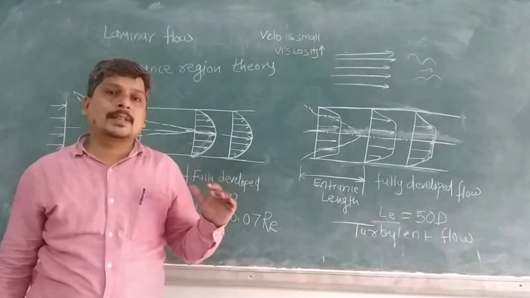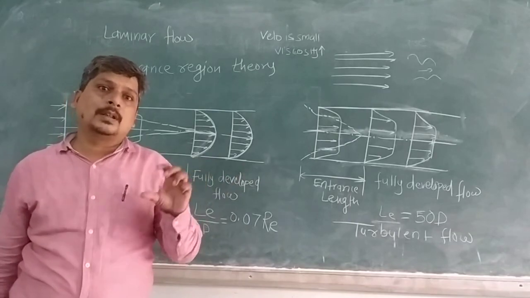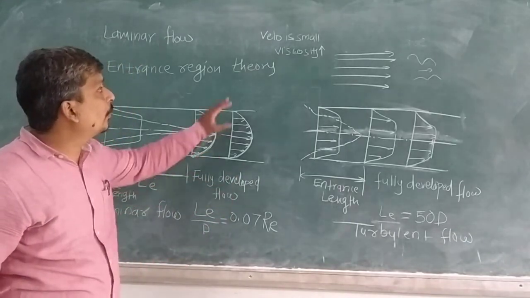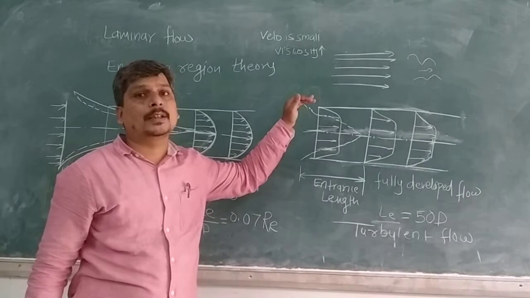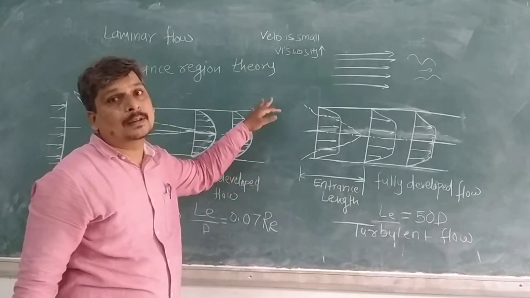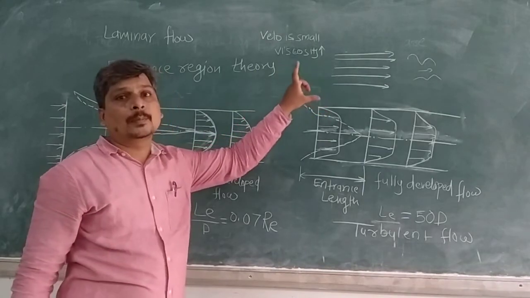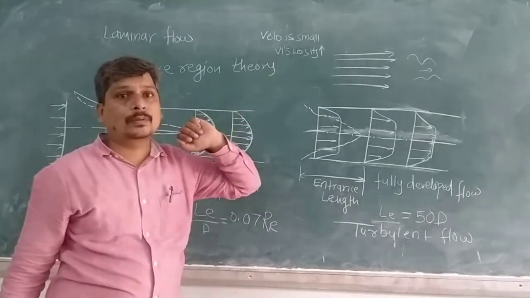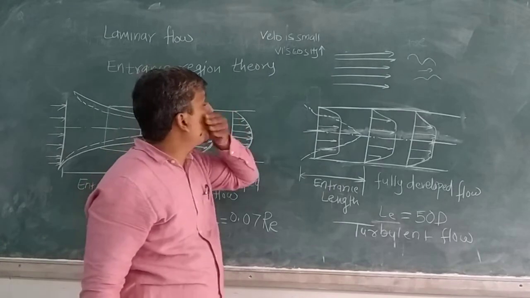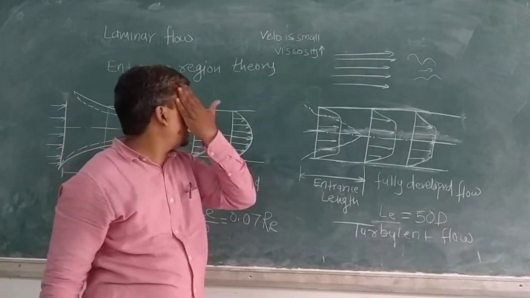Viscosity means the resistance to the flow. If there is more resistance to the flow, the viscosity is more. For example, oils, grease, and pulps have a higher viscosity, meaning higher shear resistance to the flow. At that time, the flow will be laminar.